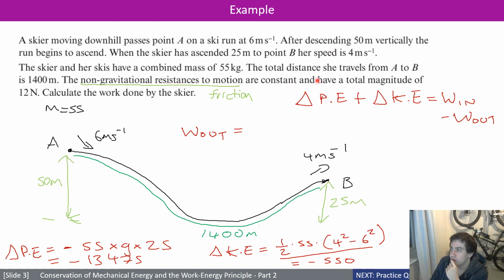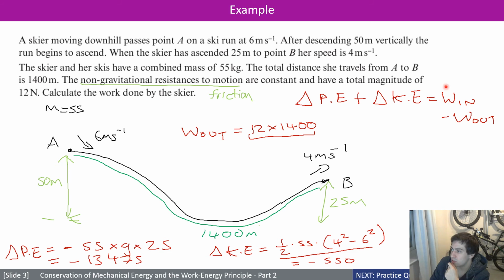So we've got a constant resistance of 12 newtons. It's going to be perfectly parallel to the direction of motion, but against it. So that work out is 12 times the distance travelled, 1400. And then you can think of this as the work against friction.